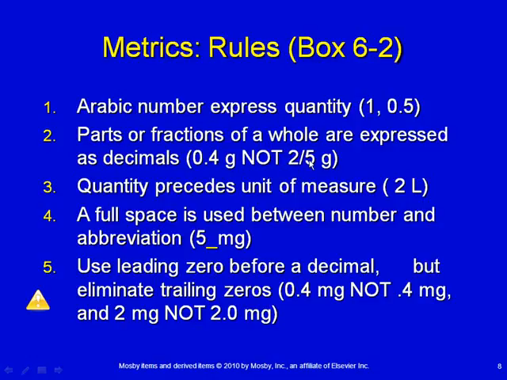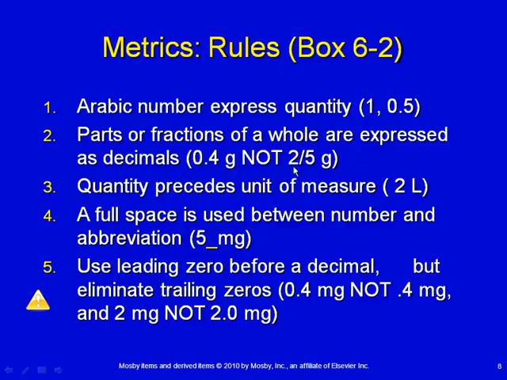If you ended up with 2/5 of a gram, to change that to a decimal, and you may need to go back to the earlier chapter on decimals, you divide 5 into 2 and you come up with 0.4. Take out your calculator, do 2/5, so you would say 2 divided by 5 equals 0.4. The numerator divided by the denominator is 0.4 grams.